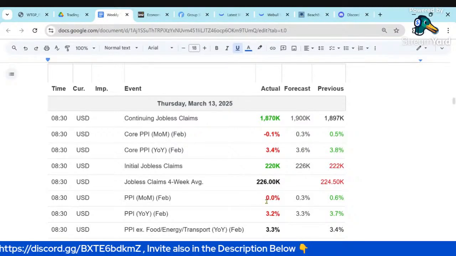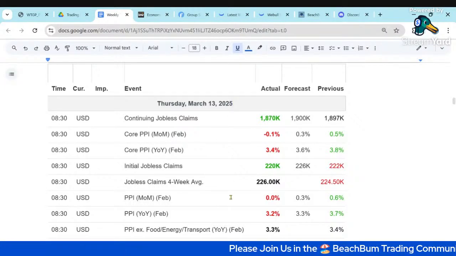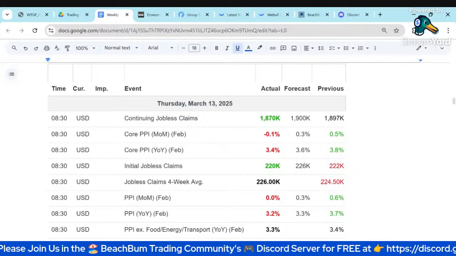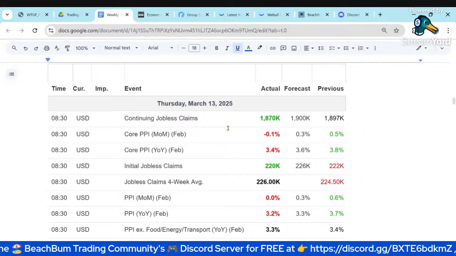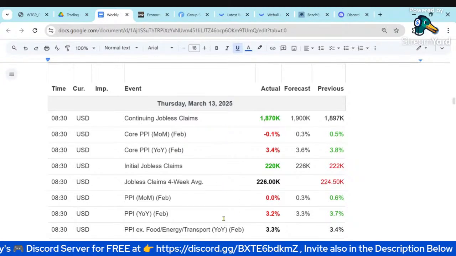Headline was flat. So again, very positive inflation data Wednesday and Thursday. Market didn't really react as positively as one would expect. So that's an indication of the poor sentiment in the market, very bearish sentiment in the market, the fact we didn't get a positive reaction to that cooling inflation data.